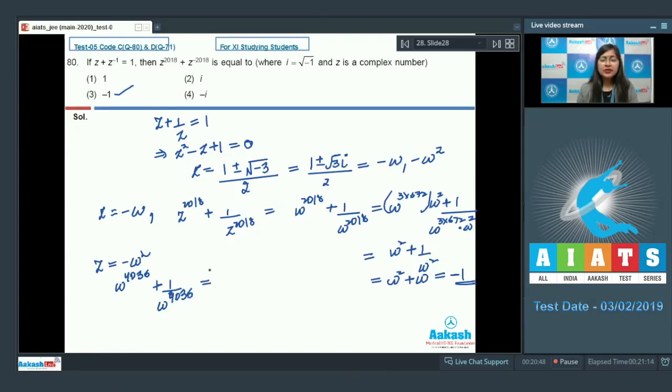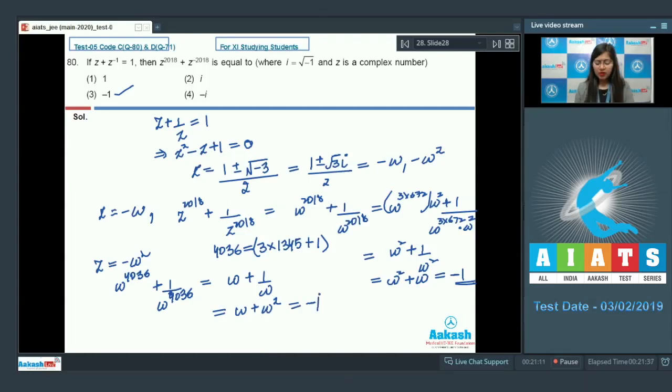Now again, converting it into a multiple of 3, we can write 4036 equal to 3 times something plus 1, right? So this can be written directly as omega plus 1 by omega, that is equal to omega plus omega squared, that is again equal to minus 1. So from both the cases we get the required value as minus 1. So the correct answer is option number 3.